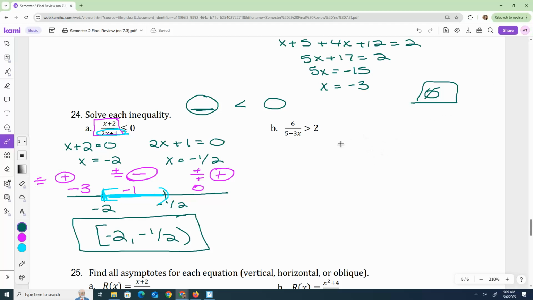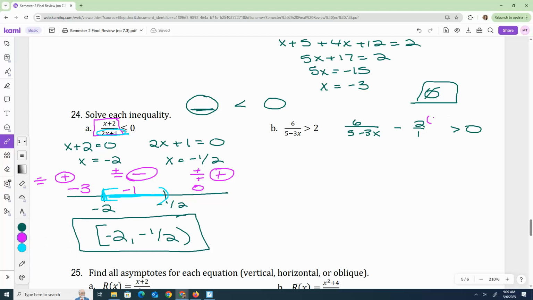So B, we need to do the same way, but it's not set up correctly. I don't have 0 over here. So first, I'm going to subtract that 2 over. This is like 2 over 1. I'm trying to get a single fraction, so we need a common denominator.